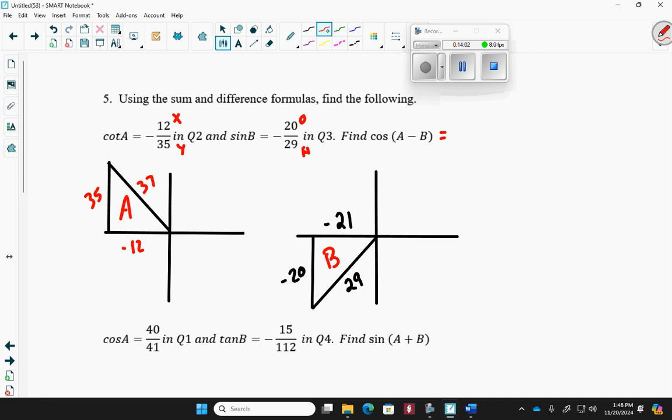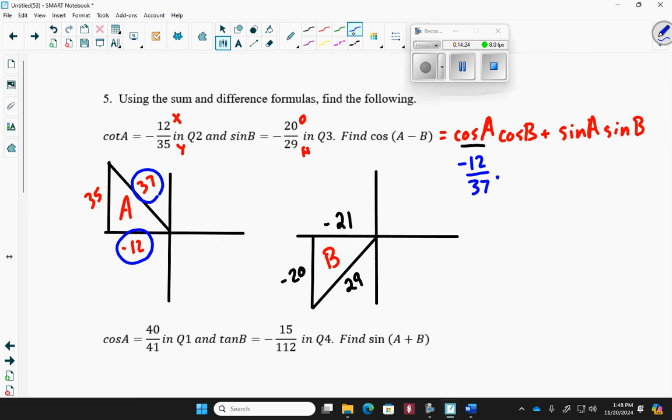Cosine, that's going to be cosine A cosine B plus sine A sine B. First thing out of the gate is cosine A. Using the A triangle, cosine A is negative 12 over 37, times cosine of B, which is negative 21 over 29.